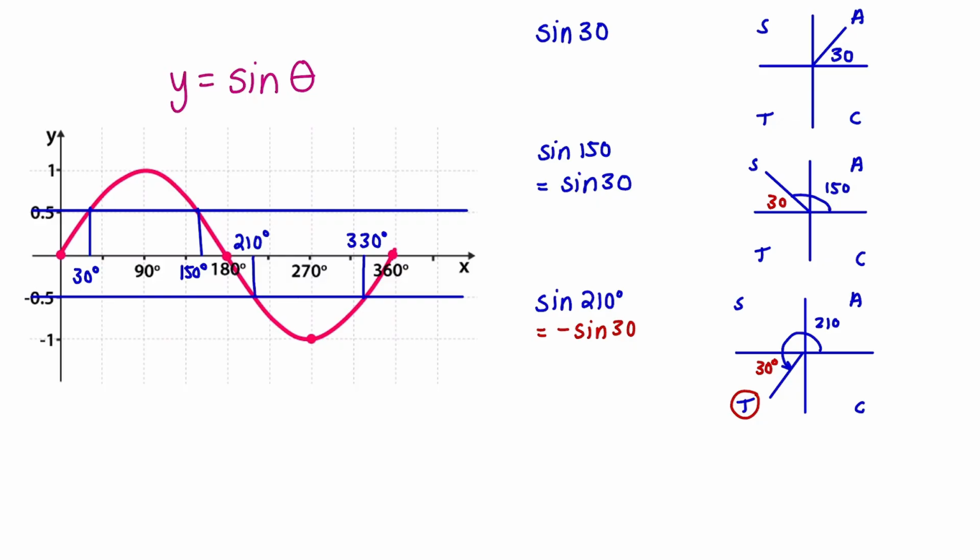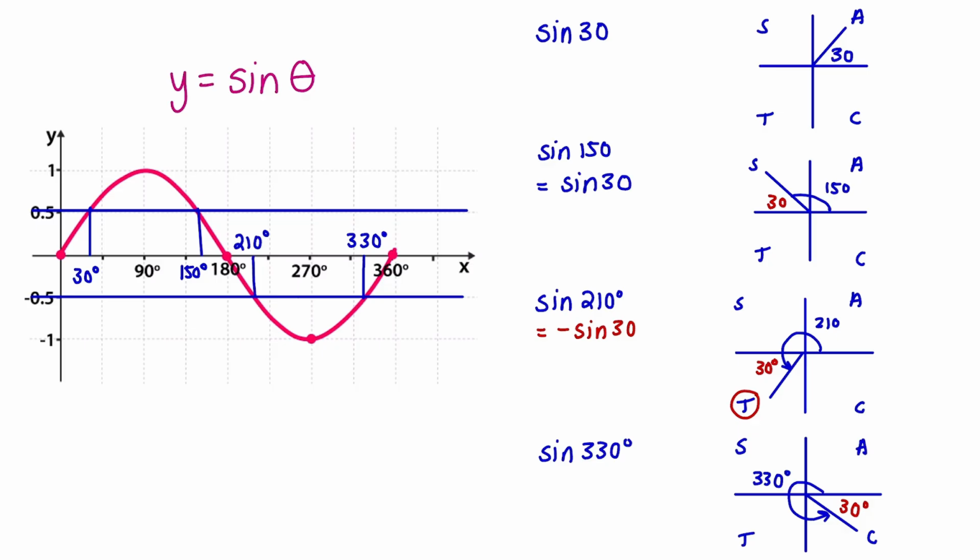Similarly, for the last one, if I had sine 330 degrees, I'm going to draw up my unit circle. 330 is probably at around here. That's this reflex angle here. Can you see that the angle being made between this line here and the horizontal line is also 30 degrees?